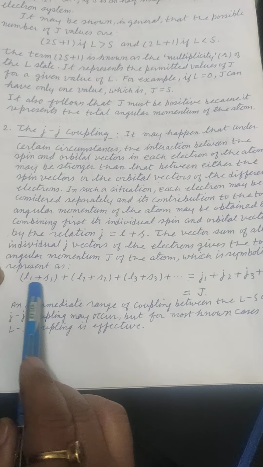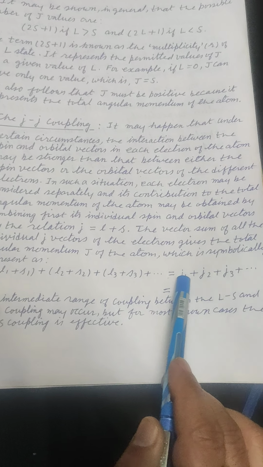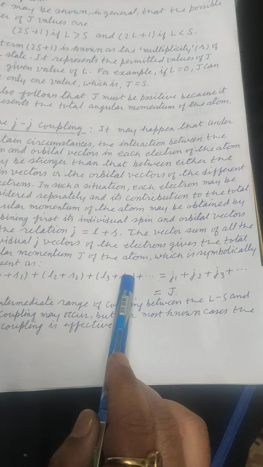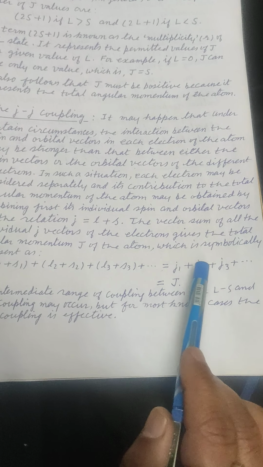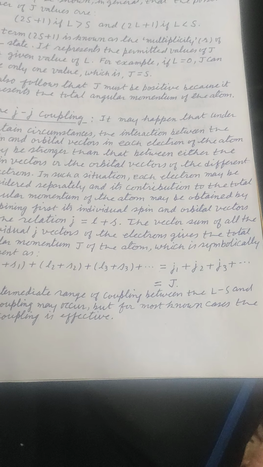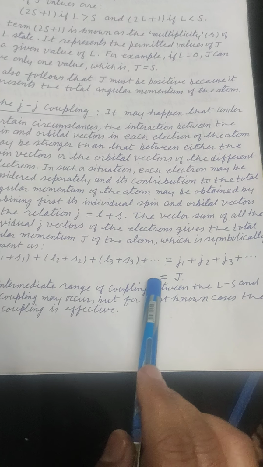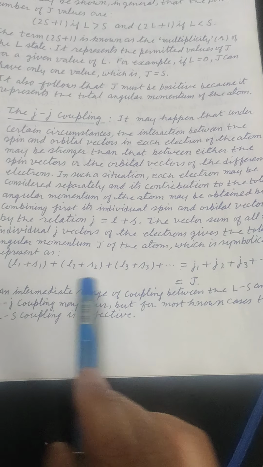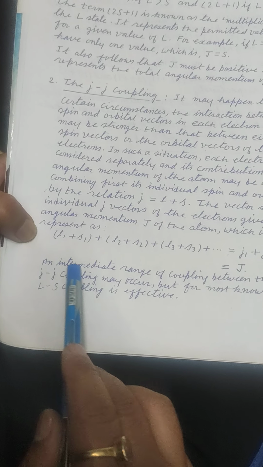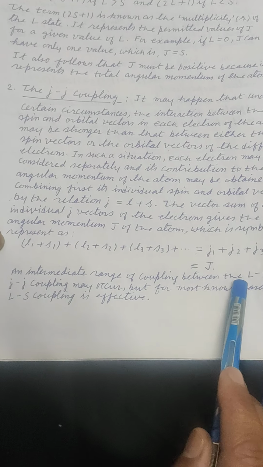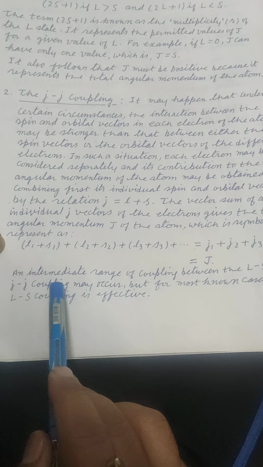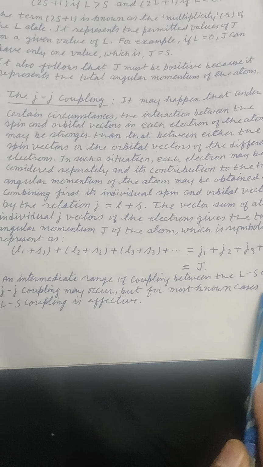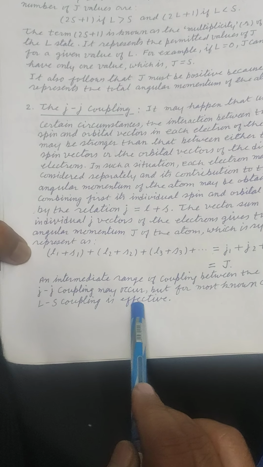The first combination gives you j1, this is for individual electrons, and so on. This gives you j1 plus j2 plus j3 and so on, and finally this is equal to capital J, the total angular momentum of the atom. An intermediate range of coupling between the LS coupling and JJ coupling may occur, but for most known cases, the LS coupling is effective.